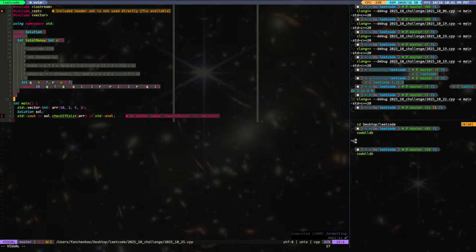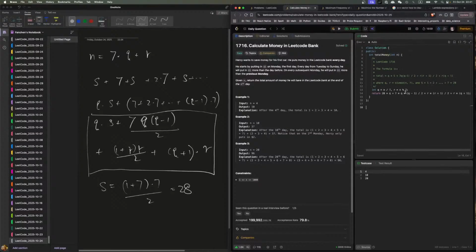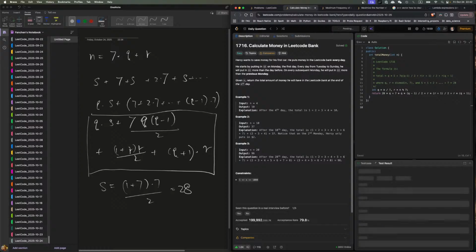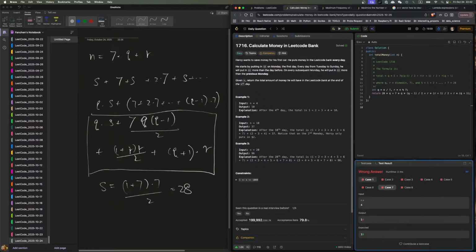Let's see if this is right. It's not correct. Oh yeah, I realize. So q can be 0. Yeah, q should be able to get 0, right? So q is 0, so these never go.